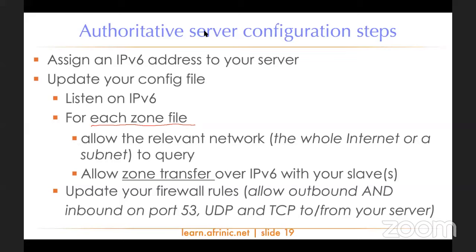After that, you also have to allow the zone transfer over IPv6 because remember that when you have a zone file, usually you have at least one or two slaves. So your authoritative server must be able to send the response over IPv4, but also over IPv6.